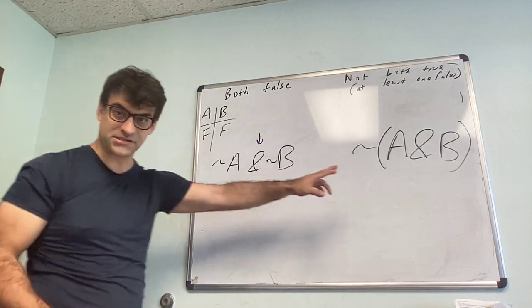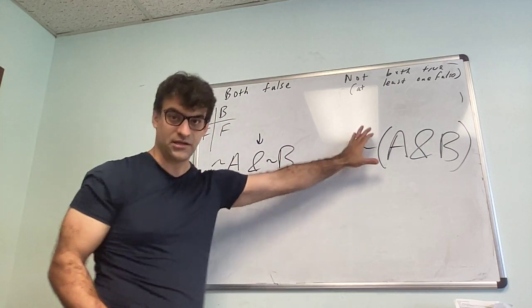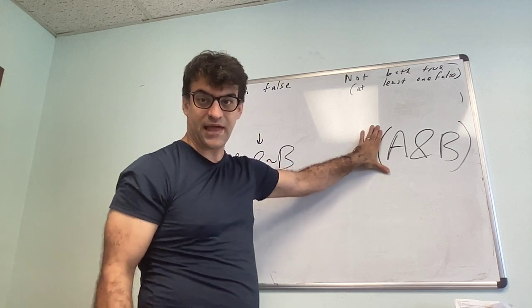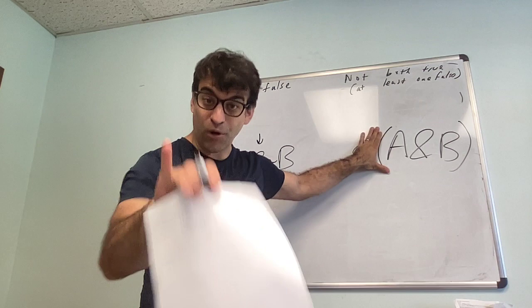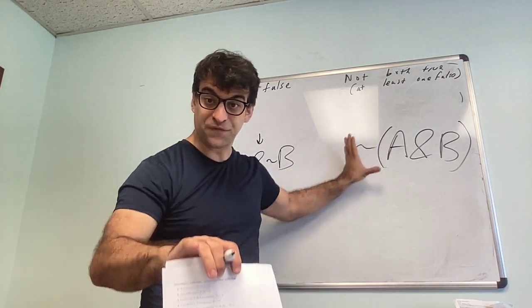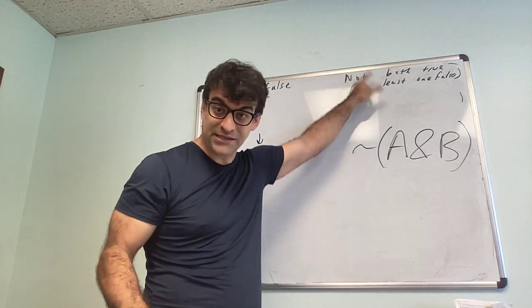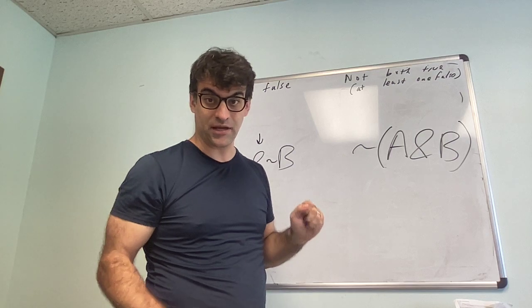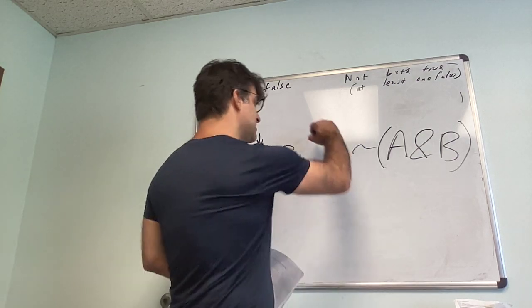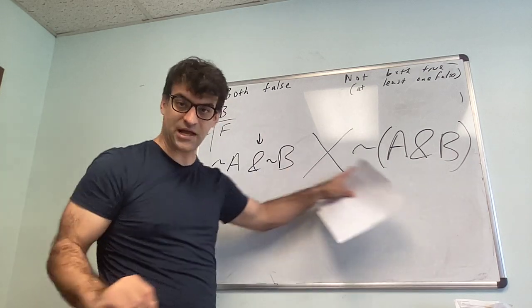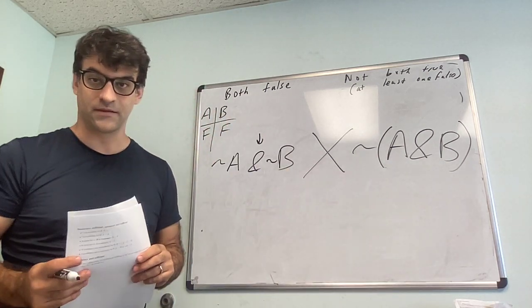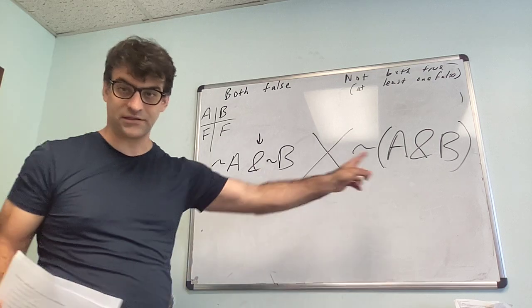This does not express these truth conditions. This says that this statement, A and B are both here, is false, meaning at least one is not here. So this does not equal that. This does not equal that.